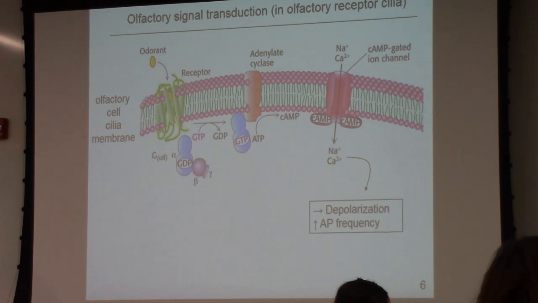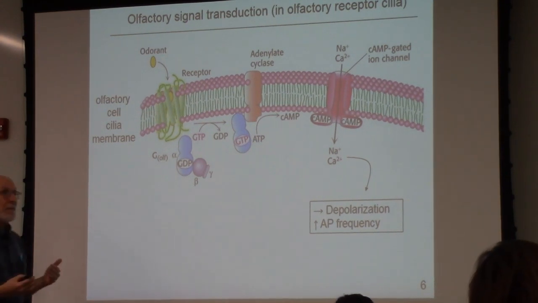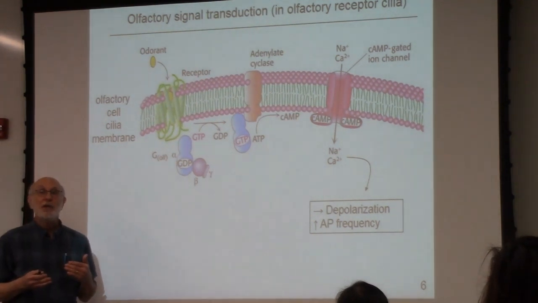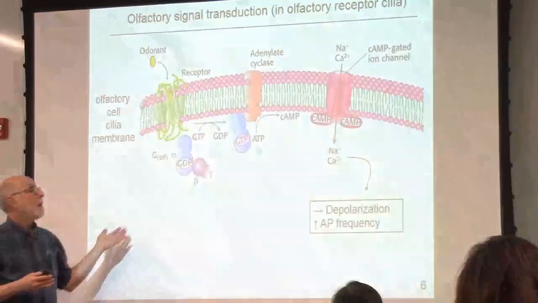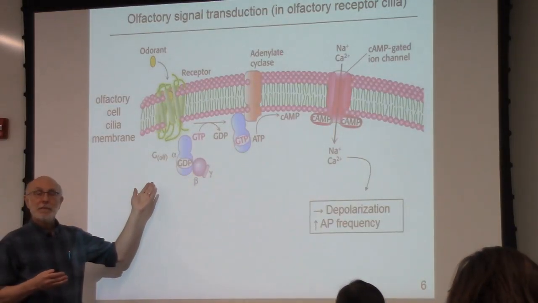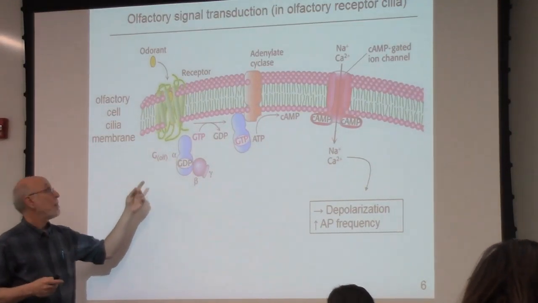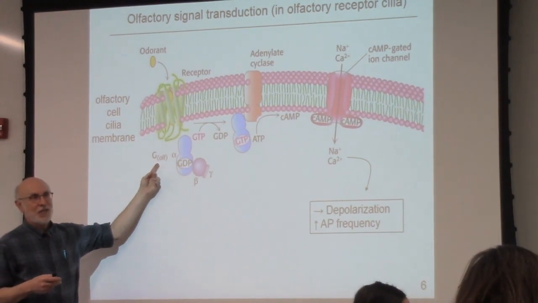Conformational change of the alpha subunit of the G protein. This G protein has a name. Just remember, the G protein in the retina is called transducin. The G protein in the olfactory epithelial cell, the olfactory sensory cell, the cilia, has a name, and it's called G-olf. It's not golf, it's G-olf.